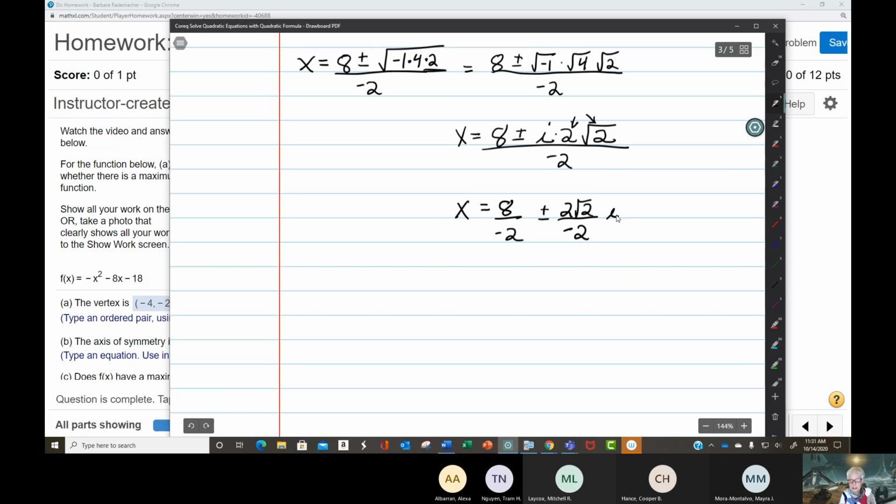Bring the i out to the end. This is called a plus bi form. x equals negative 4 plus or minus. Negative 2 goes into 2, negative 1 times.